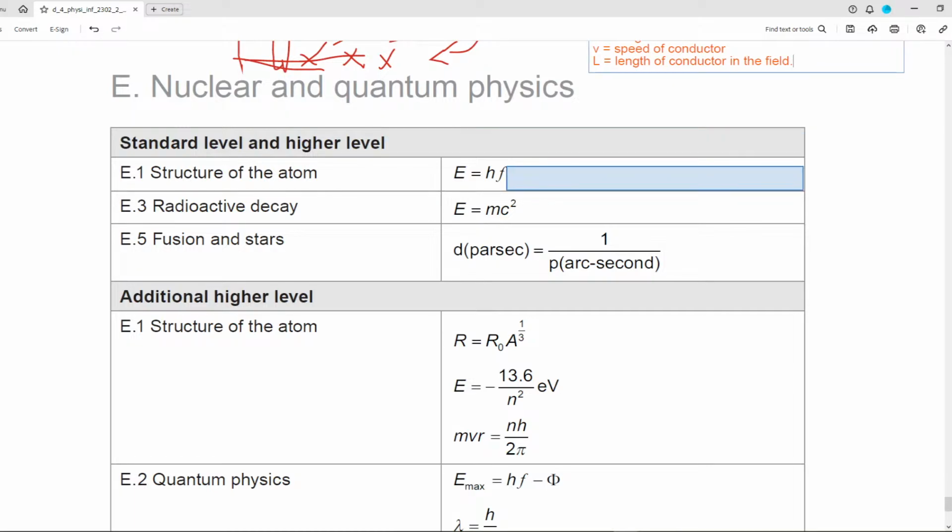The first one is a very famous formula called the Planck-Einstein equation. This basically solved the UV catastrophe from the black body radiation mentioned above. See, already a tie-in to a previous topic.